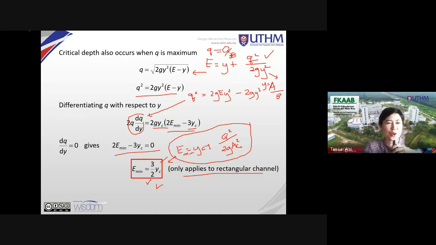To prove it, the question would be: prove that for a rectangular section, E min is also equal to this. The question probably gives you this expression already. Prove that for a rectangular section, this becomes this.